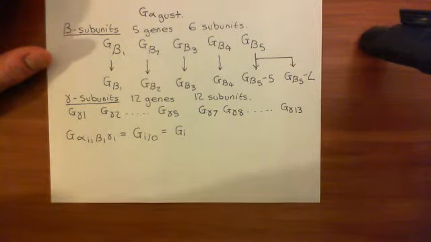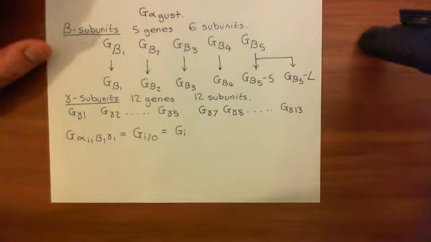Okay, so let's now look at the activation of heterotrimeric G proteins by G protein coupled receptors, and then we'll look at the downstream activity of some of these heterotrimeric G protein subunits.